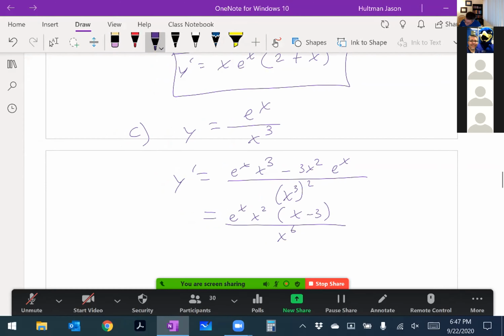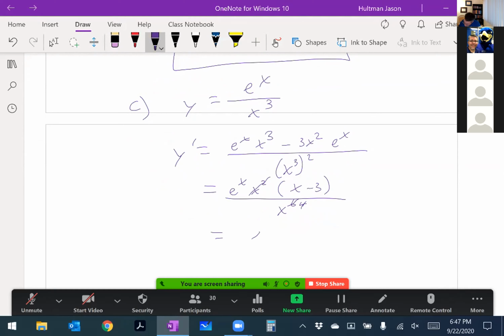Two of these x squareds are going to cancel with two of these down here, leaving an x to the 4th. So this simplifies to e to the x times x minus 3 all over x to the 4th power. And that is what y prime is.